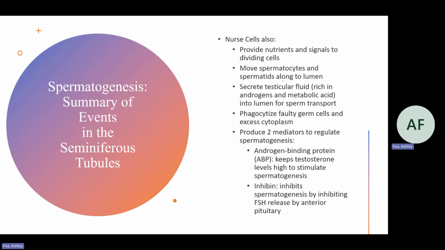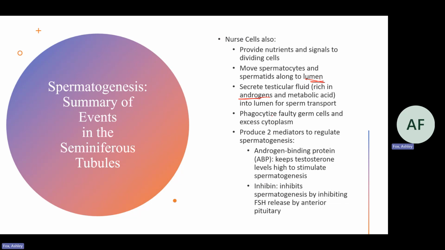Nurse cells are also helping provide nutrients for division. They help move spermatocytes and spermatids closer to the lumen, or the middle part of the seminiferous tubule. They also produce fluid that's going to have androgens like testosterone in there.